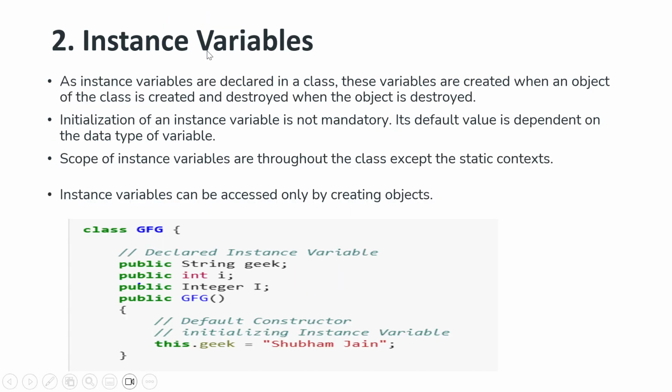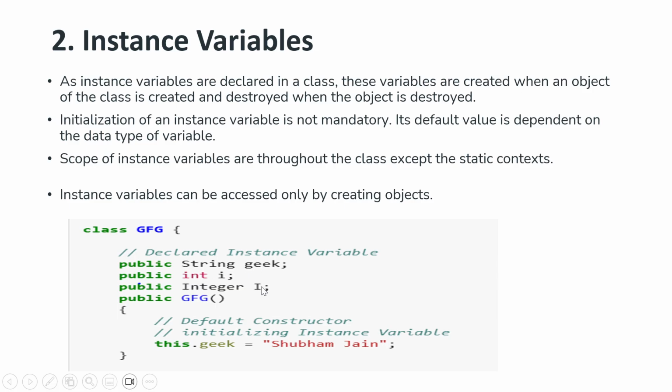An instance variable, as we know, is declared within a class. It will not be declared inside any function, method, or block. Here we have some instance variables: String geek and int a.